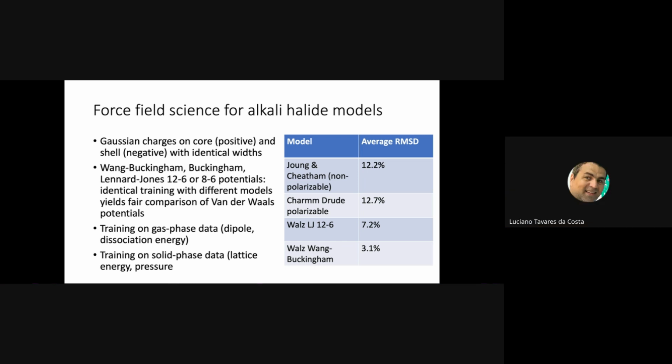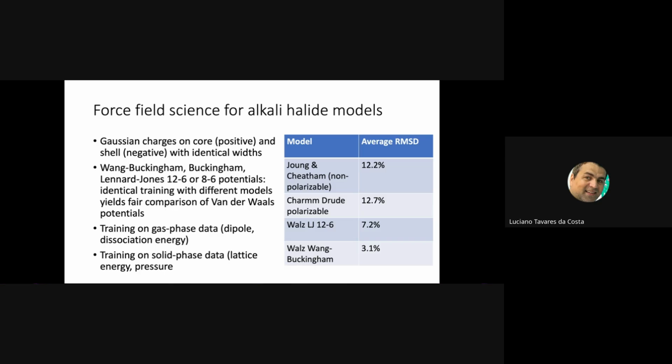One comment, I guess, this is interesting to say. The Drude polarizable model is a little bit expensive when you compare it with, for example, one Buckingham potential, or the way that you treat the charge distributions using the Gaussian oscillator distribution.